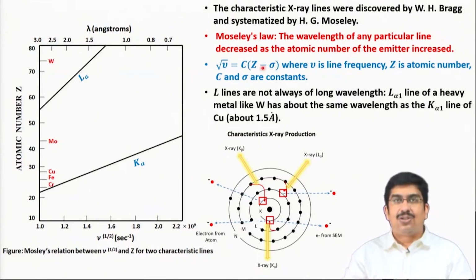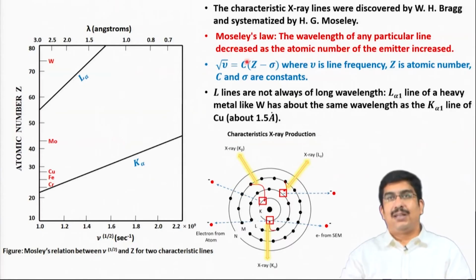Here it is shown in terms of line frequency. Basically, root over 1 by lambda equals C into Z minus alpha. That is Moseley's law, and this means that the wavelength is inversely related to the atomic number.